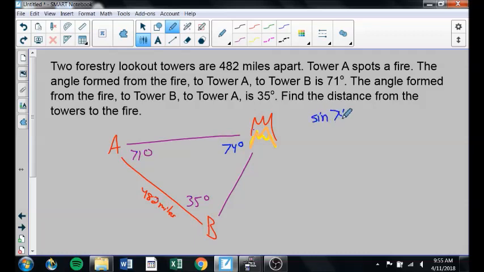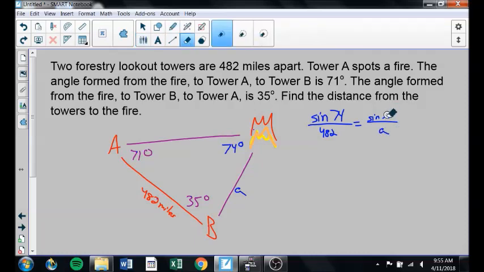The sine of 74 over 482 is equal to the sine of A over, we'll call this side A. Well, we know that angle A is 71. So I solve this for A. I cross multiply and divide.